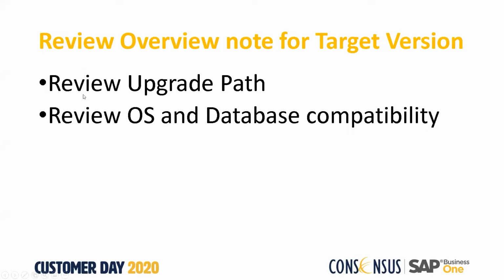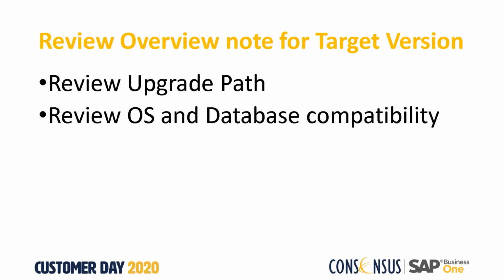Okay, so when we're reviewing which patch level we're going to go to, there is something that SAP provides for us called the overview note. Every single version of SAP Business One has an overview note dedicated to it, which will tell us what the supported upgrade path is. So it'll tell us if we have to do one or more migrations, and it'll also tell us what the supported operating system and database versions are.